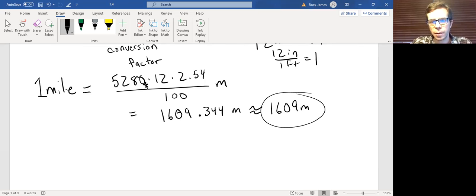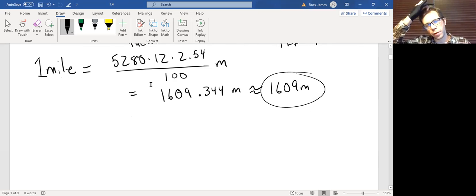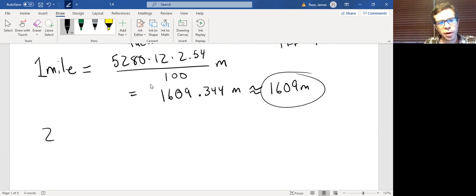All right, so what else might we want to convert? Let's convert RPMs. So let's say our car is revving at 2,500 RPMs.